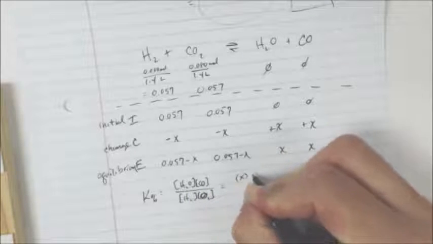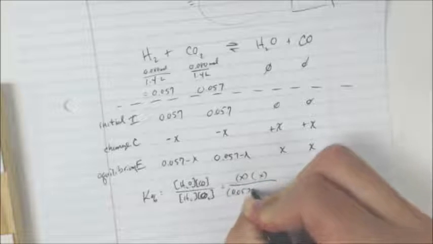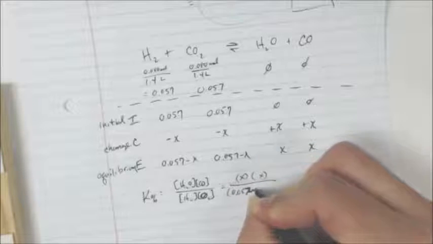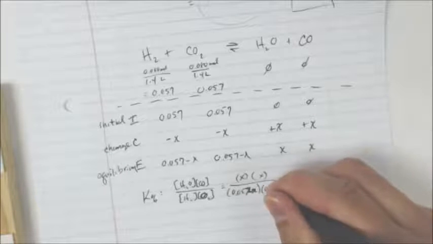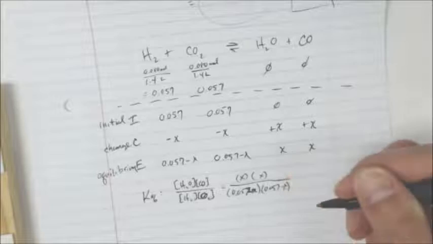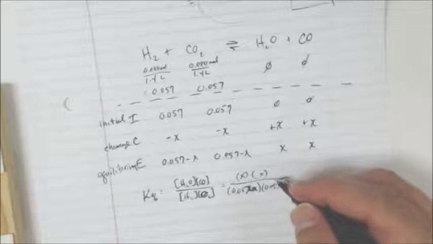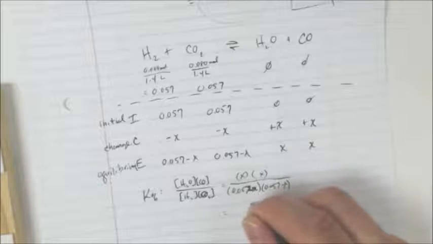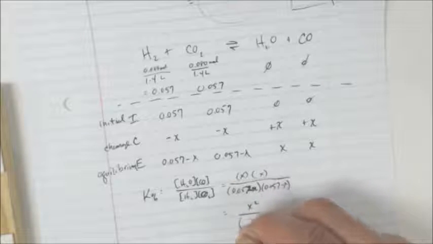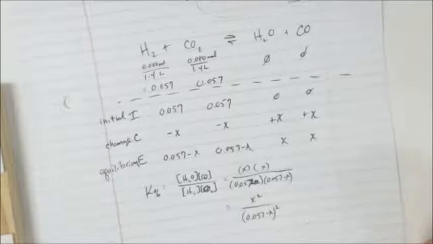So up top it's going to be X times X, and on bottom it's going to be 0.057 minus X and 0.057 minus X. Now you recognize that those are squared terms. So that's going to be X squared over the quantity 0.057 minus X, that quantity squared.